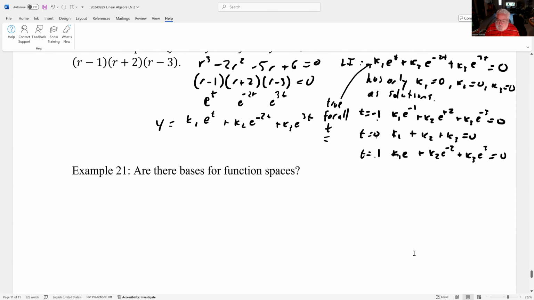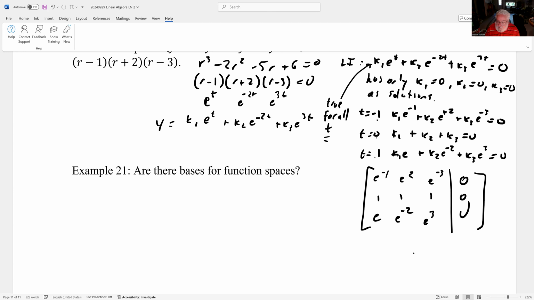What do we do with the system of equations? We turn it into an augmented matrix. And you say, well, what are the only solutions to this?